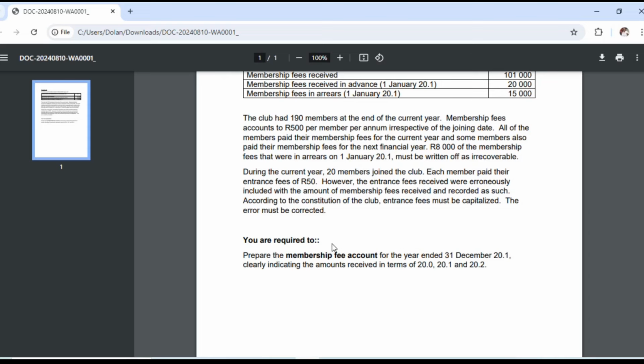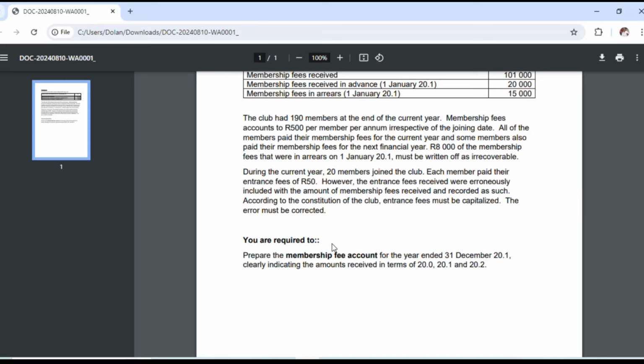And then it says all of the members paid their membership fees for the current year, and some members also paid their membership fees for the next financial year. 8,000 of the membership fees that were in arrears on the 1st of January 2001 must be written off as irrecoverable. During the current year, 20 members joined the club.